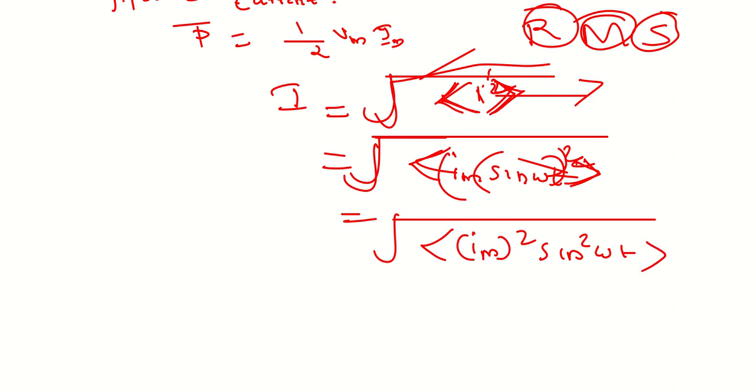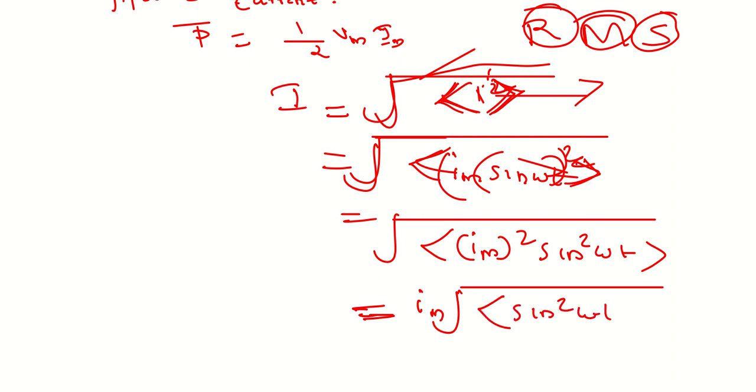So Im square is a constant and we have to take it outside the root. It is Im, the root of Im square, and the root of the average of sin square omega t. We know that the average value of sin square omega t is half.